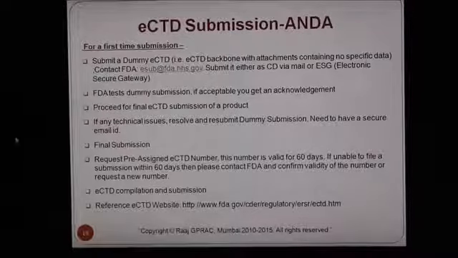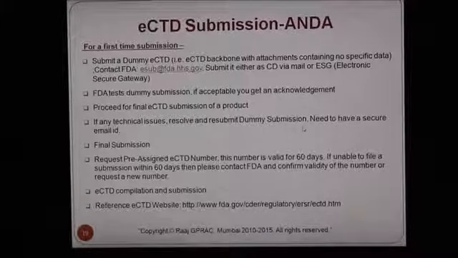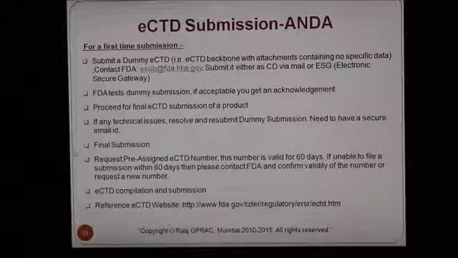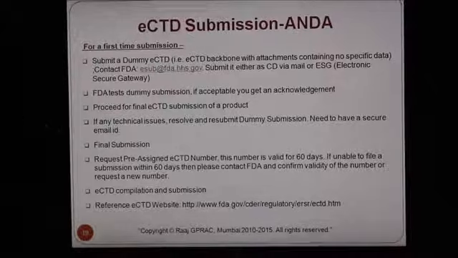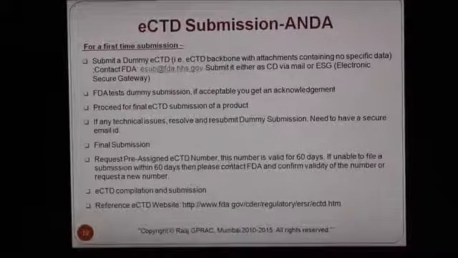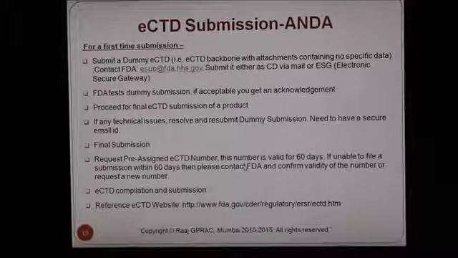If there are any technical issues, resolve them and resubmit the dummy submission. You need to have a secure email ID for the final submission. Before uploading your final submission, always request a pre-assigned eCTD number from US FDA. This number is a 6-digit number and valid up to 60 days.